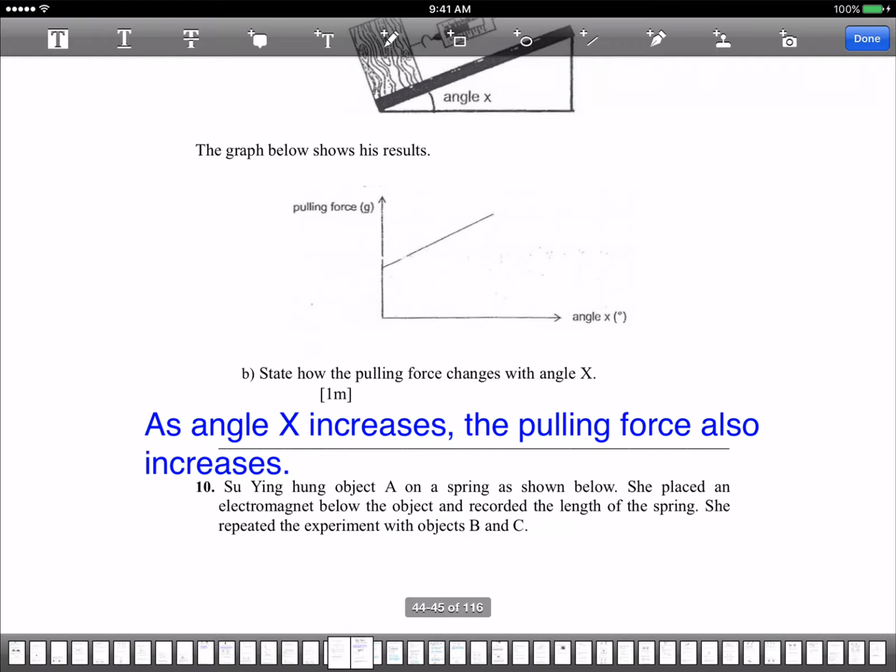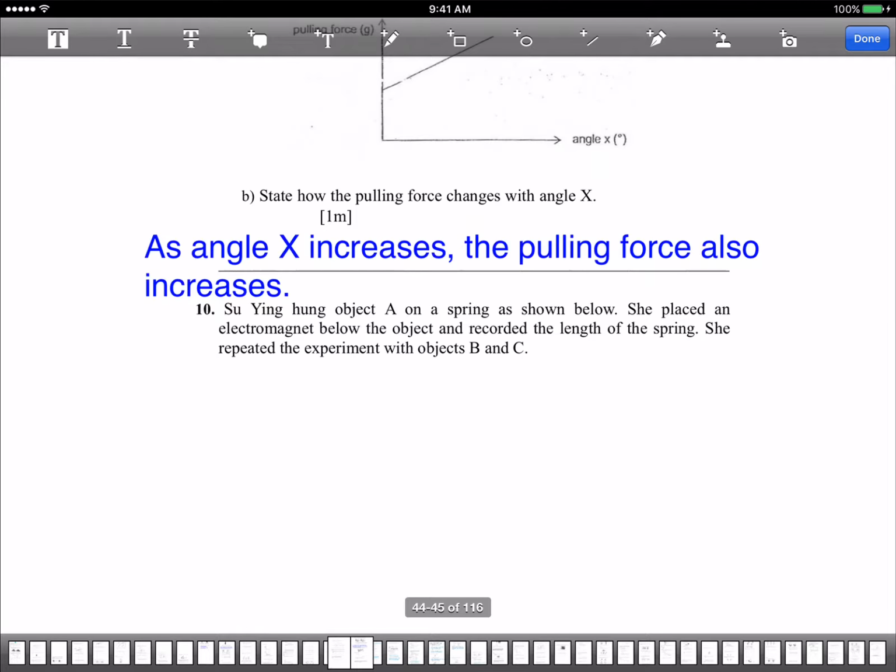Right, so you do not have to explain why, because here they're just asking you to state how it changes with angle x. So basically one increases, the other also increases. And you know the reason why, okay? Because it's now steeper, so it's more difficult to pull it up.